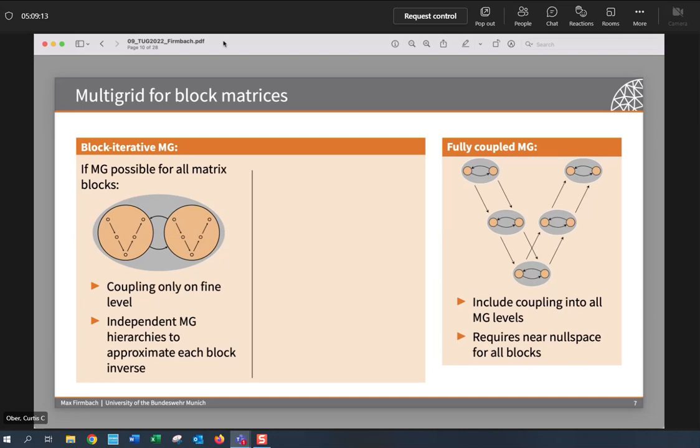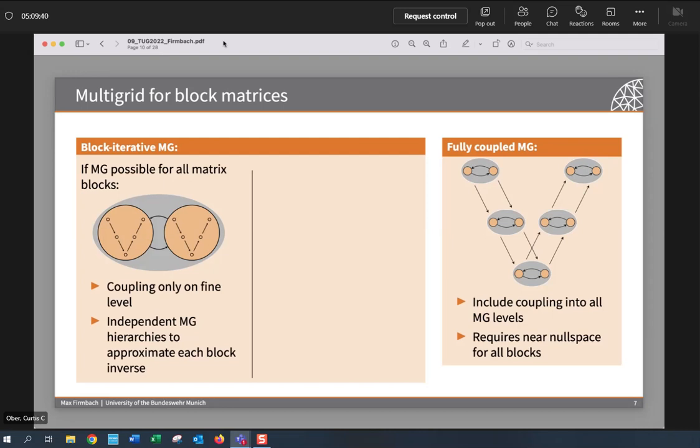On the left side, you see a maybe more trivial approach. We have a block iterative multigrid method, which means we have a block preconditioner on the outside, so we couple only on the fine level, and then we use independent multigrid hierarchies to approximate the single equations that we have to solve in this kind of block method.